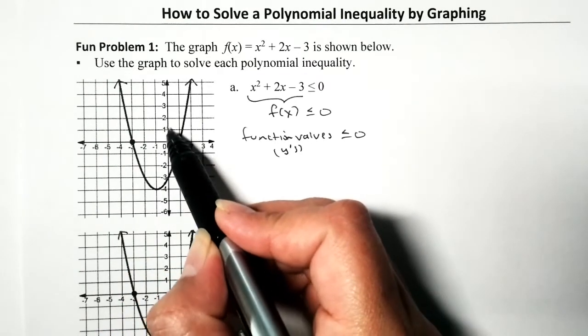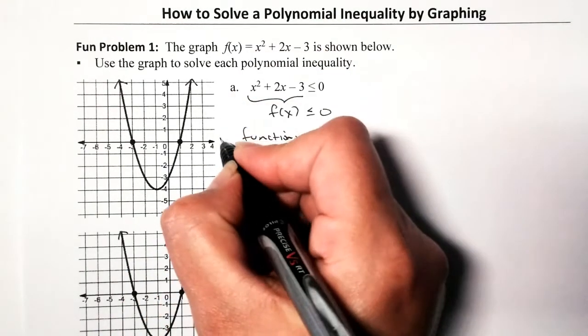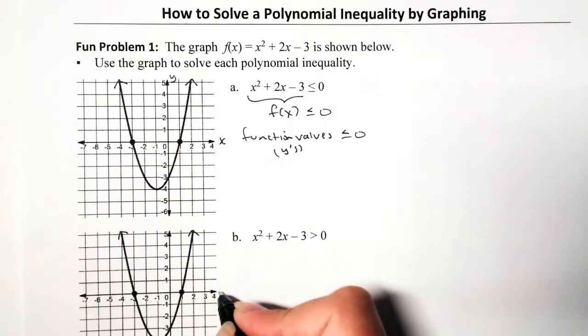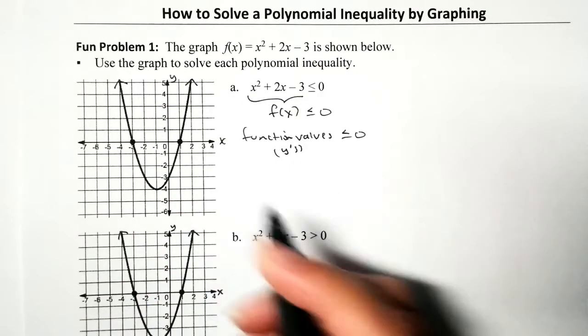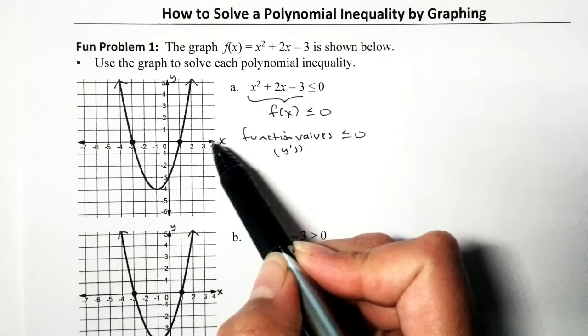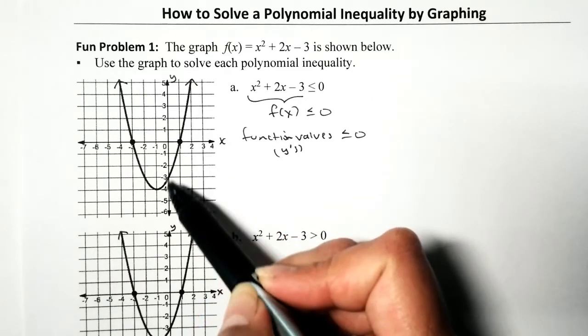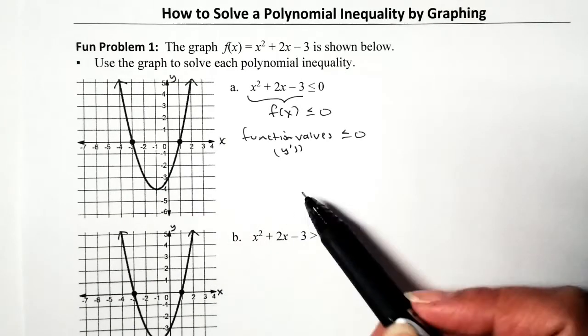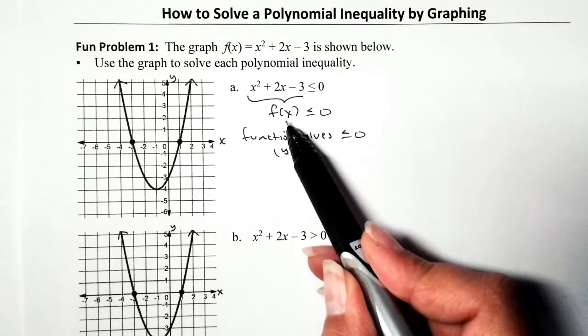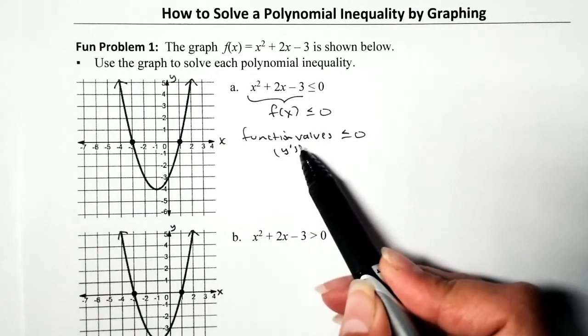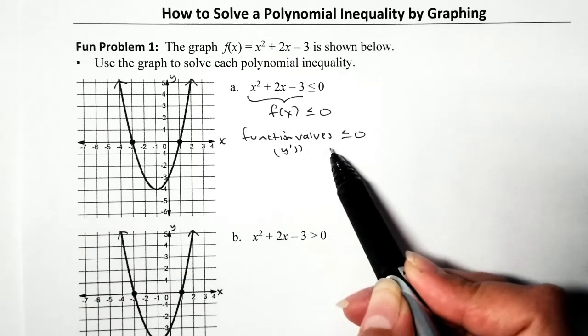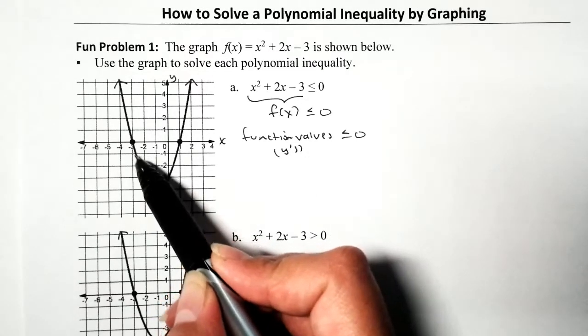Let's go ahead and put x and y. When we look at the x-axis, values going up are positive for y, values going down are negative for y. So the question is, where are the function values of the y's less than or equal to 0? Well, that's going to be in this piece right here.